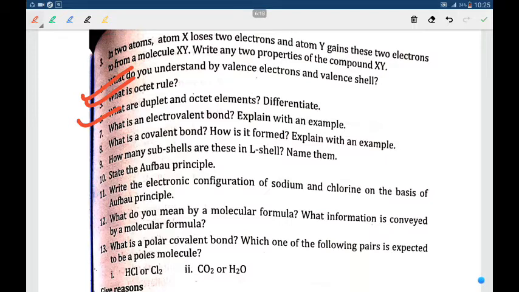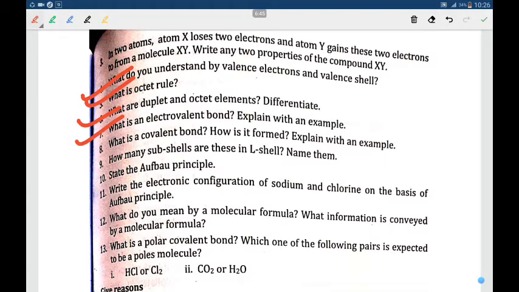And octet elements contain 8 electrons in the valence shell and are stable. Of duplet elements, duplet is helium; octet is neon, argon, krypton, etc.